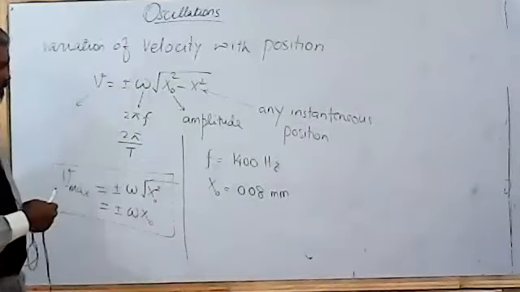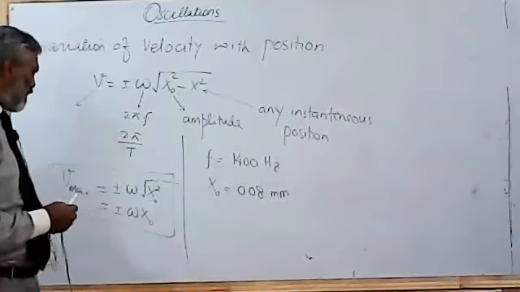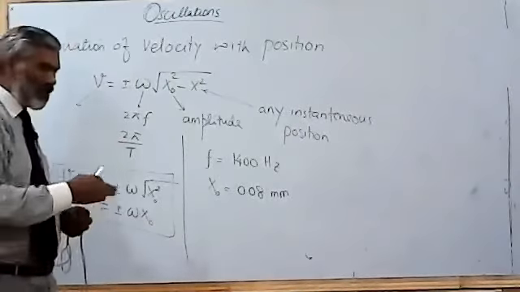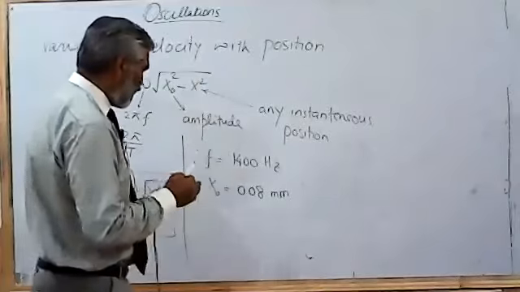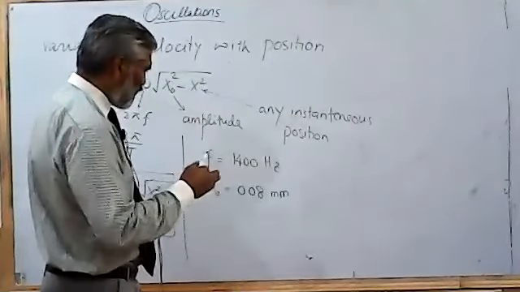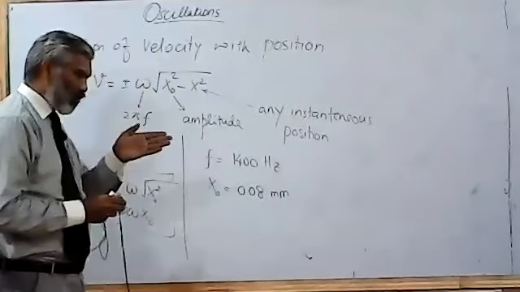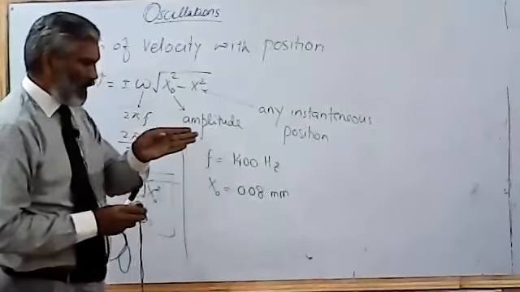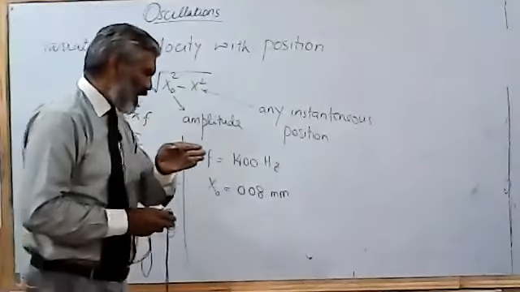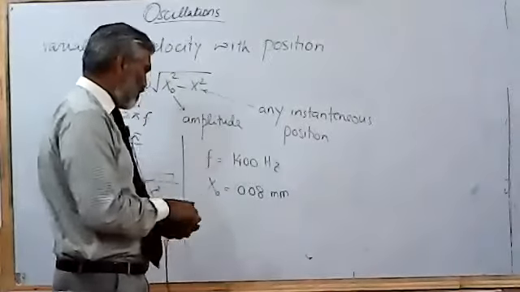So with these values, we want to calculate the maximum velocity with which the object, the cone of that loudspeaker, moves. Obviously, the maximum velocity will be achieved when that cone is moving through its mean position, and at the extreme position it will come to rest.